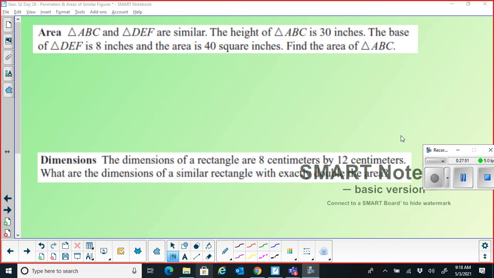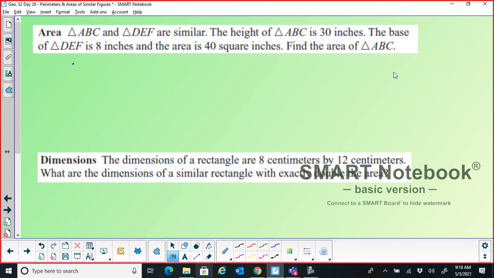Here the information given is not consistent, but there is hidden information. For the second triangle I have the area. Let's draw triangle ABC first. What is given to us in case of triangle ABC? The height is given as 30 inches.